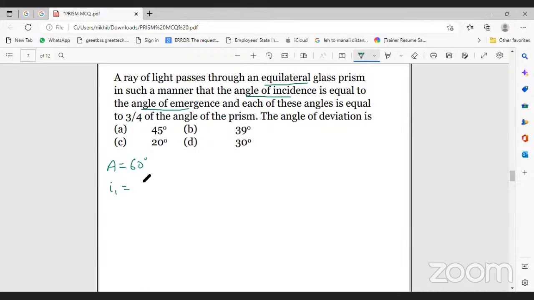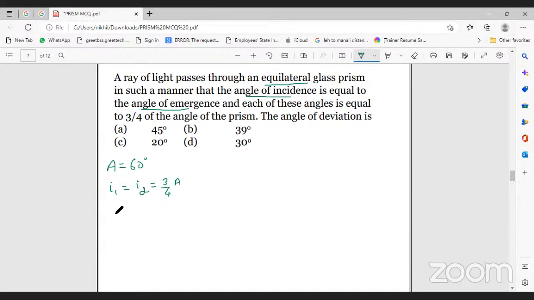I1 is the angle of incidence, angle of emergence means I2. Each of these angles is equal to 3/4 of the angle of the prism.